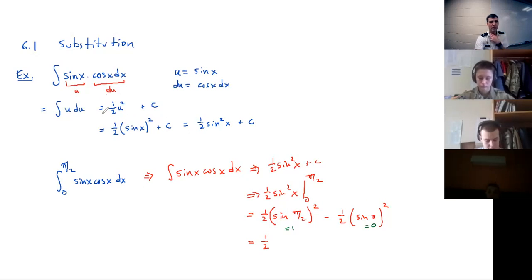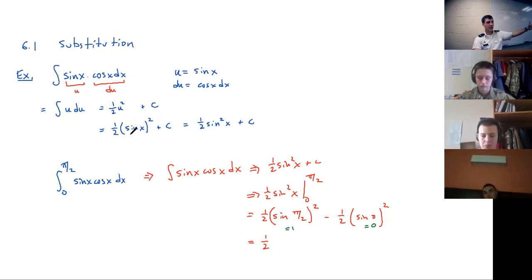There was a time where my integration was just 1/2 u squared before I substituted back. So what I did is I started off with x, switched over to u, integrated, switched back to x, and then evaluated x stuff, right? Again, not wrong.